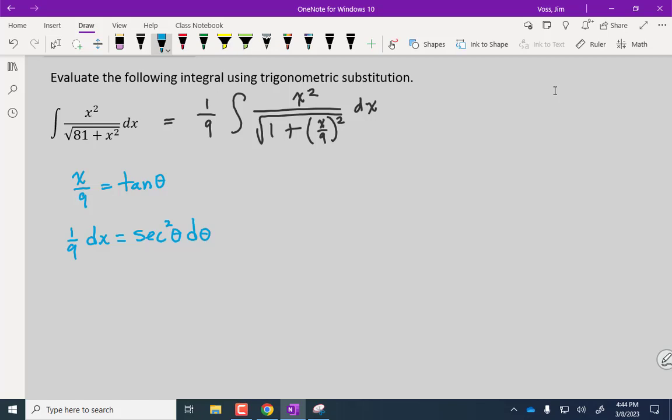All right, so now the part that tends to cause trouble, but it shouldn't. So x squared: when we look for x, we see that x is 9 tan theta. If we square 9 tan theta, we'll have 81 tan squared theta.